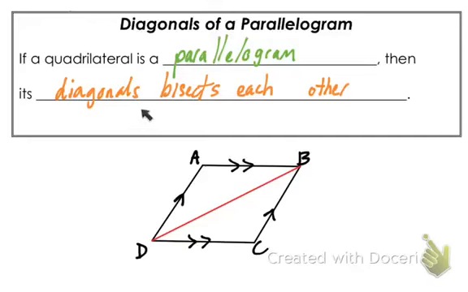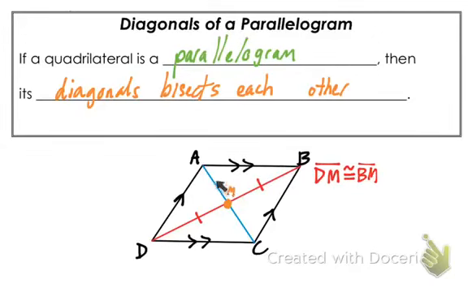When I'm talking about diagonals bisecting each other, bisecting means they not only intersect, but they cut each other in half. So if I draw a diagonal AC, as soon as it hits at point M, it now has divided DB into two equal parts. So we can say that DM is the same measurement as MB.